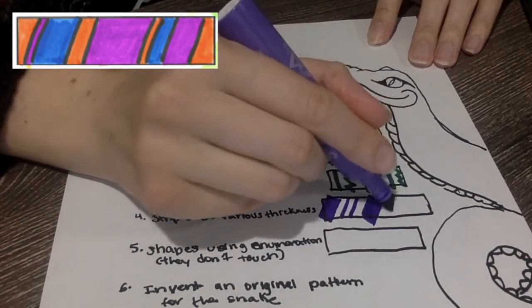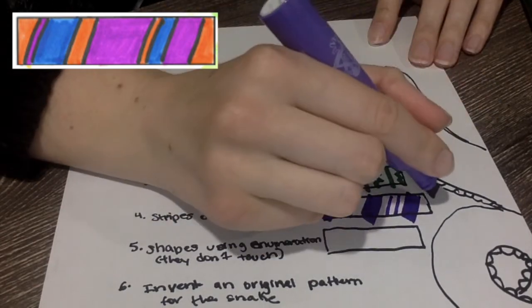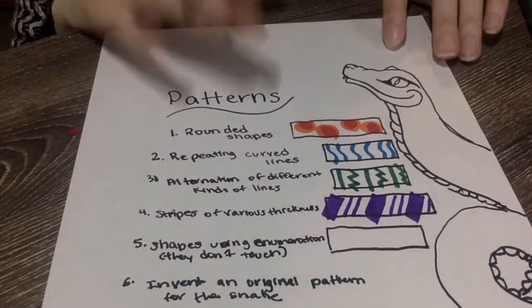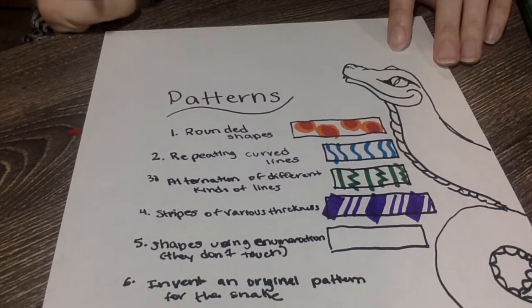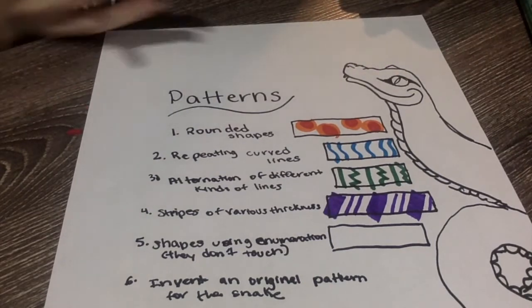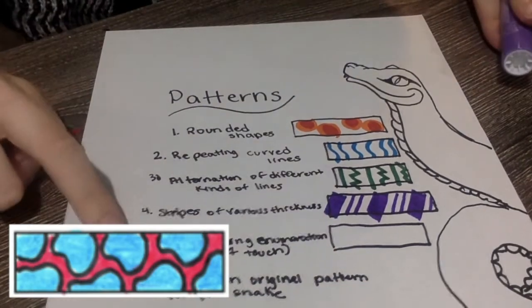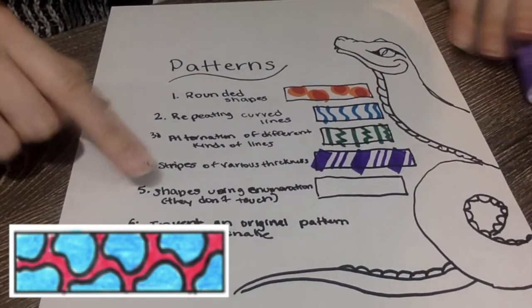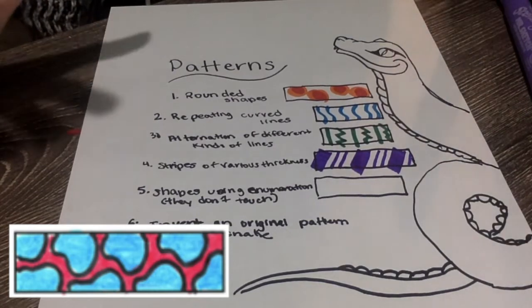Large, thin, large, and one more thin at the end. Now I'm varying the thickness of my line or my stripe to create variety. Added a little pattern there.